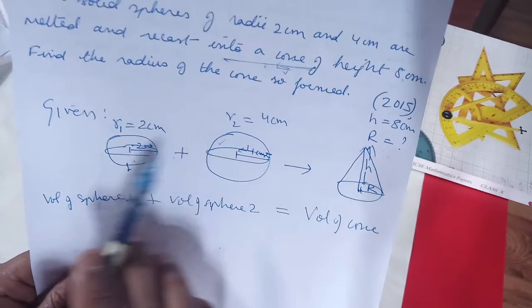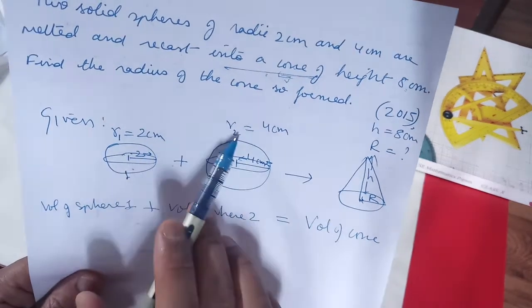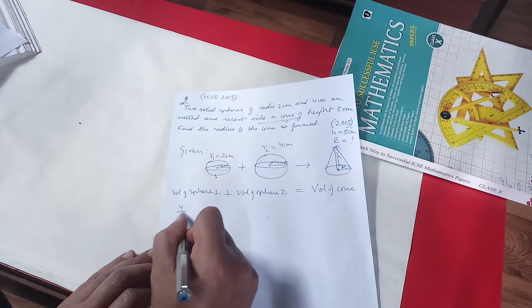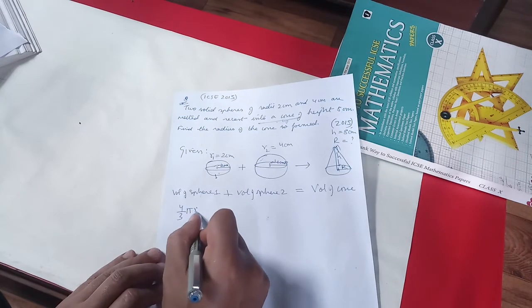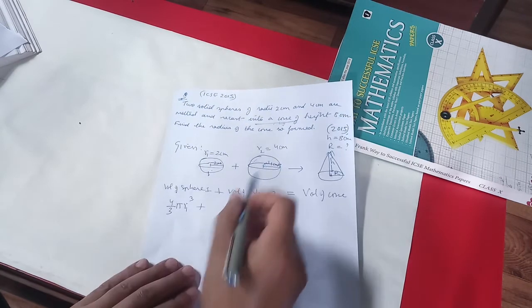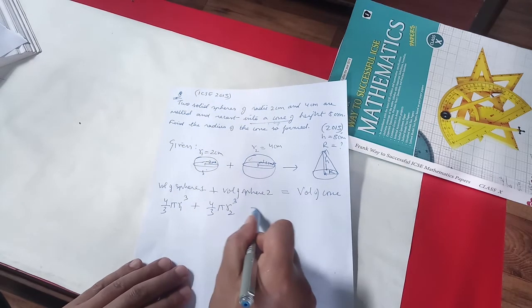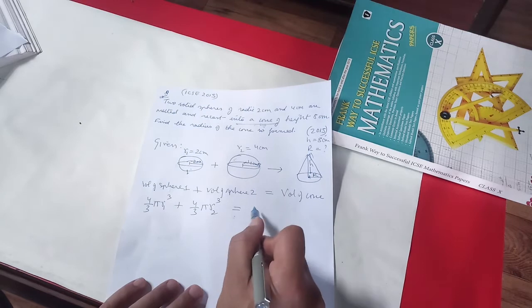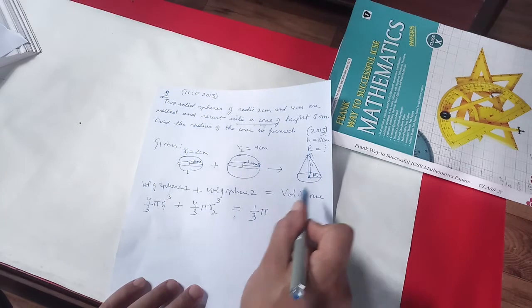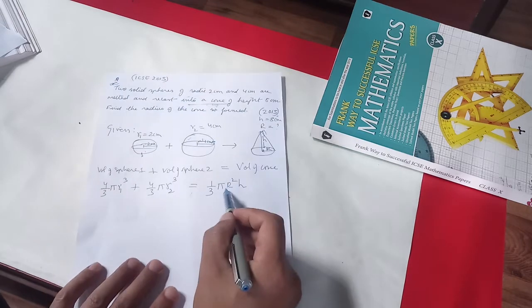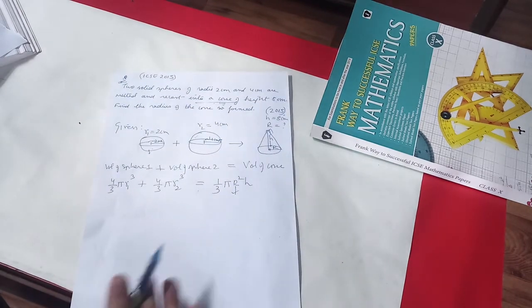The formula for the volume of these two spheres is the same, but the value of R will be different, that's why we have to add them. Here you have to apply the volume of the cone. So let us start: 4 by 3 pi R1 cube, plus 4 by 3 pi R2 cube, equals the volume of the cone, which you have learned is 1 by 3 pi R squared H. Radius we have taken as capital R, because we have to find this R.